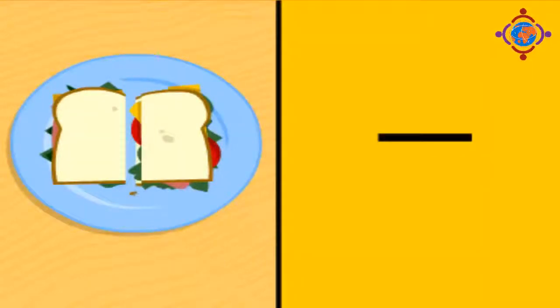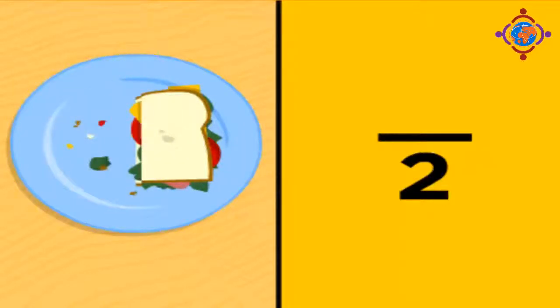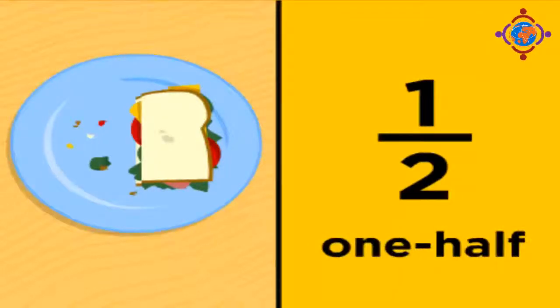The total number of equal parts goes on the bottom of a fraction. Now, only 1 part of my sandwich is left. I put that number at the top of the fraction. So there's 1 out of 2 equal parts, or 1/2 of my sandwich left.